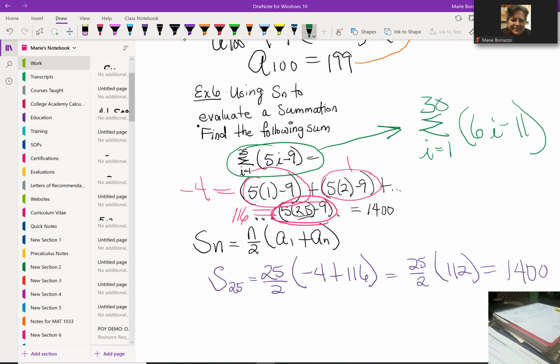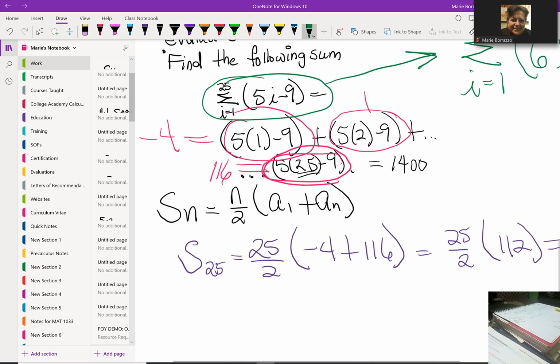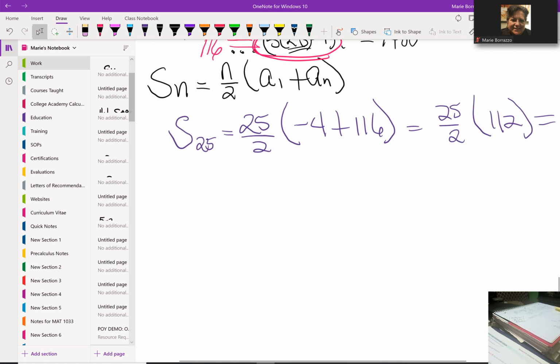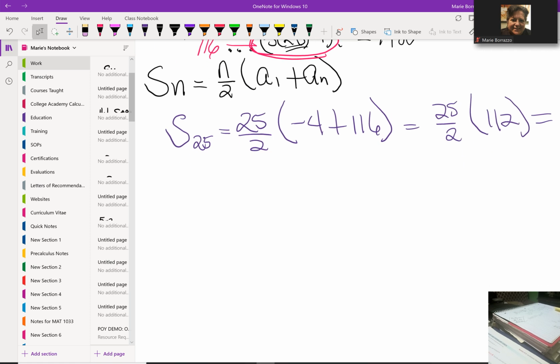Okay, example 7 is another word problem dealing with the formula. They do give you a starting point in this question. I guess this will vary based on the type of question you have.